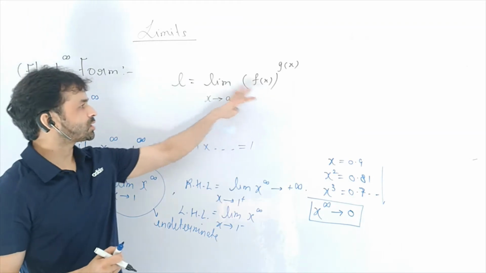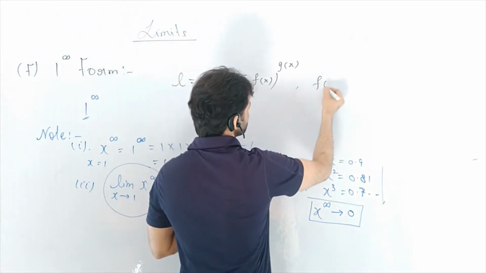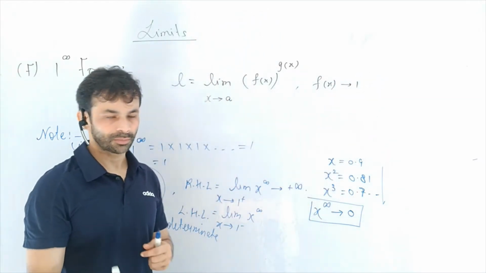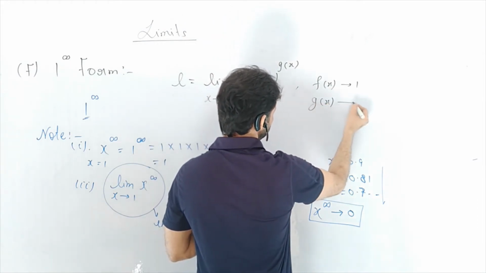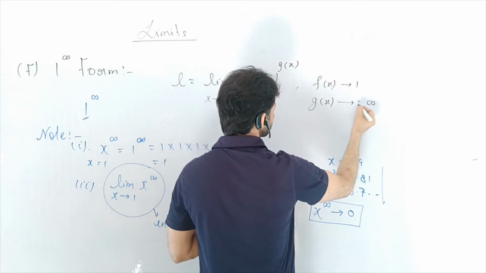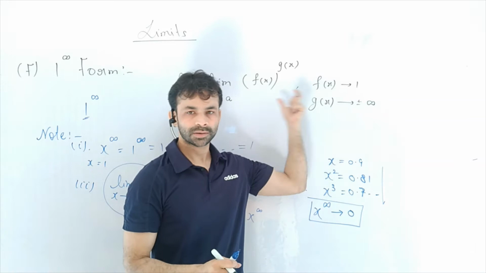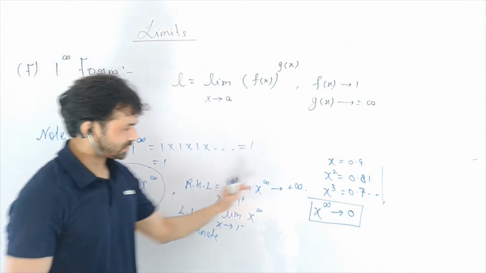This is the 1 to the power infinity form, which means here f(x) is tending to 1, not equal to 1, and g(x) is tending to infinity, sometimes minus infinity, that can happen, it doesn't matter. For both the values the result will be the same. So first of all this has to be clear.